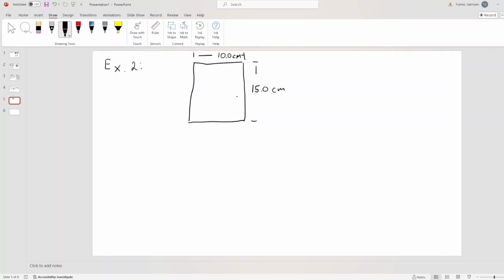Okay? So I want to do 3 things here. A, I want to compute the area in square centimeters. B, I want to convert to square meters. And C, I want to convert to square inches.